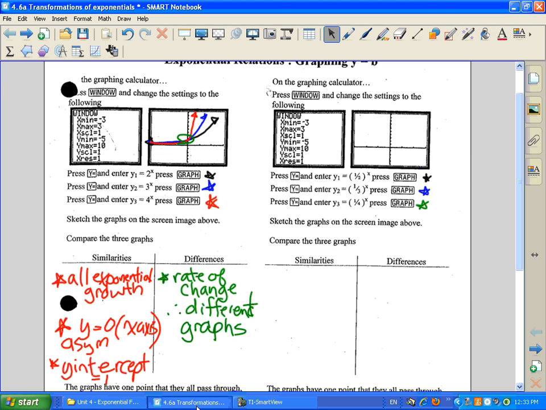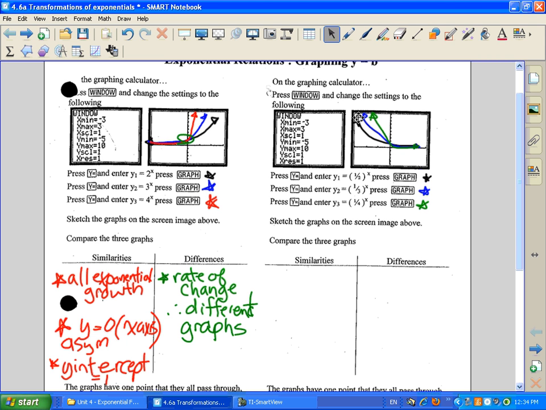Going back to our handout, let's just quickly draw them. So this was 1/2 to the x. This was 1/3. And this was 1/4.